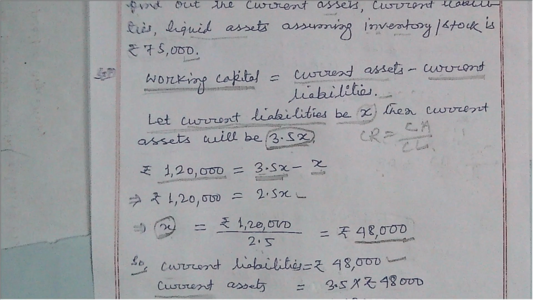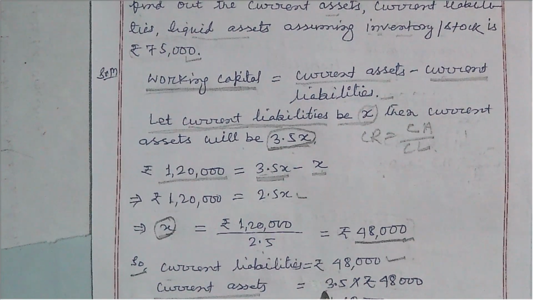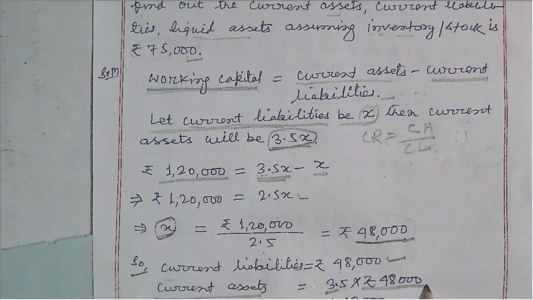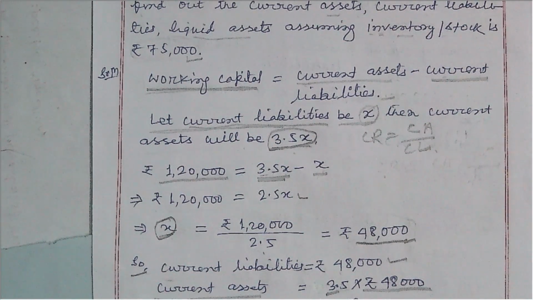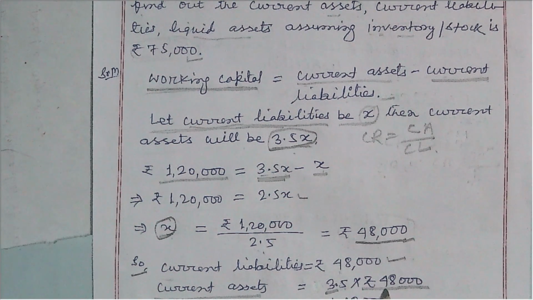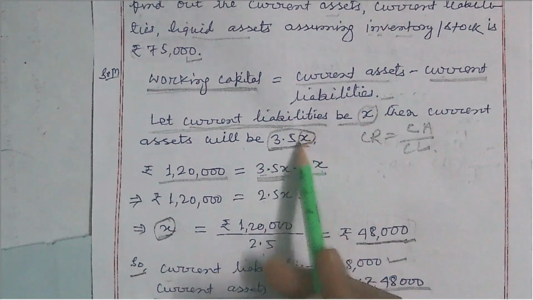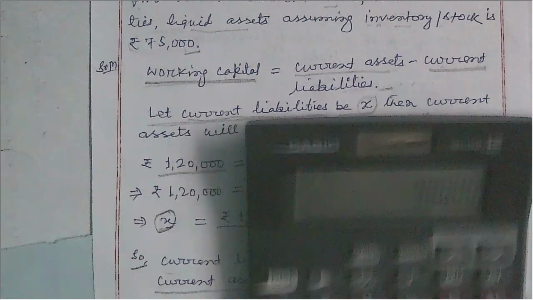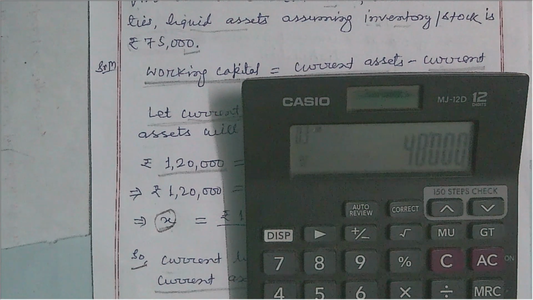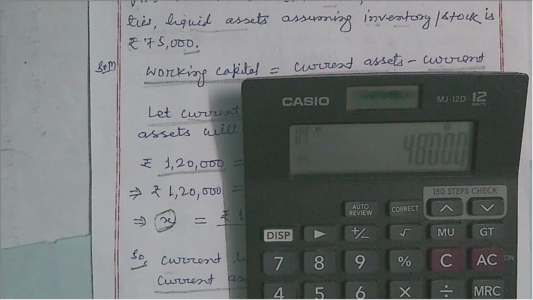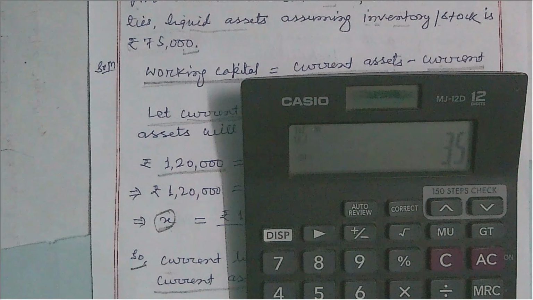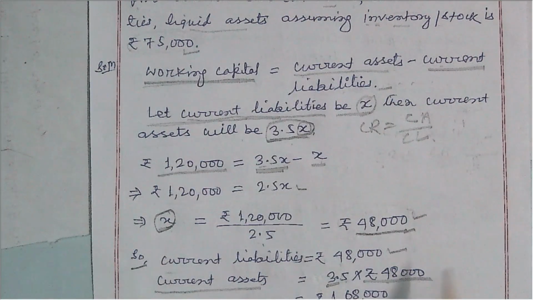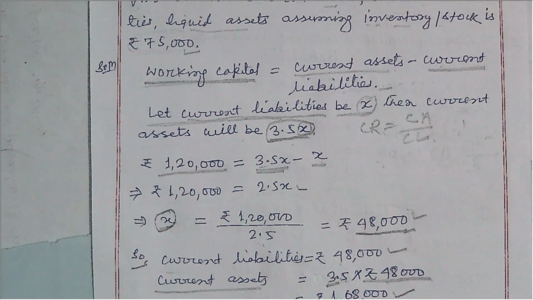So current assets to be calculated: 3.5 into rupees 48,000. When you multiply 48,000 into 3.5, it is 1,68,000. So 1,68,000 is current assets.